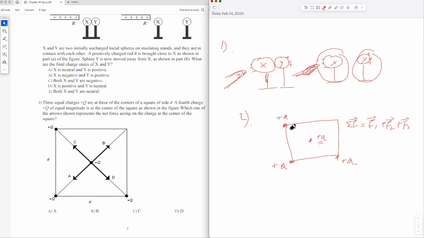So the force from this charge on this charge: positive charges repel.